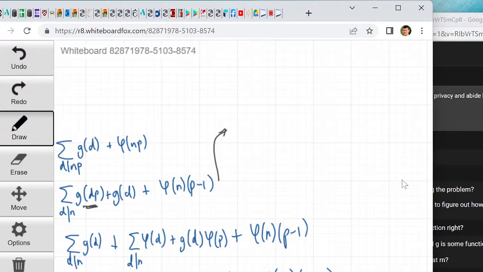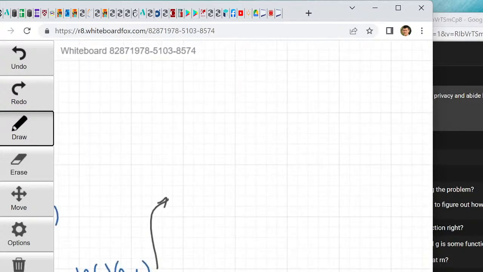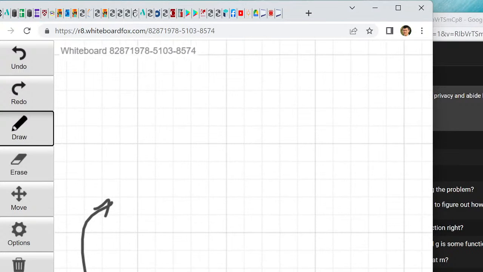How do I do that? Let's assume. Oh, I know. Let's assume we have np squared. How about that? That's maybe a nice way to start. n doesn't have any p's.